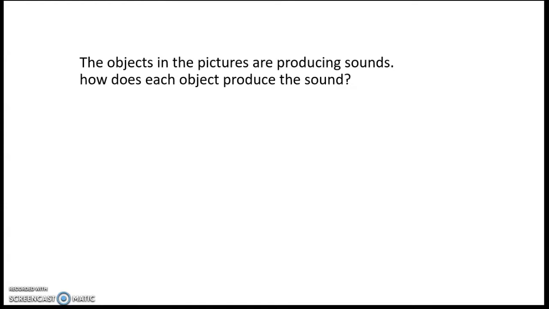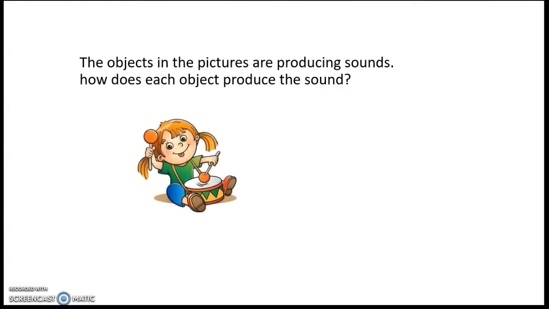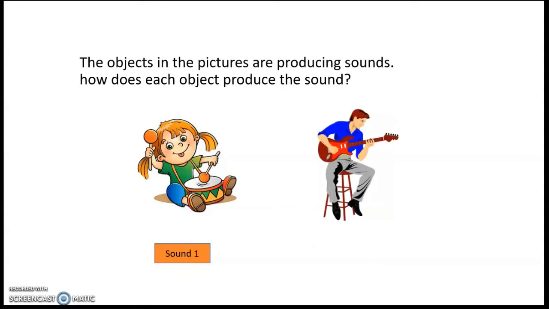Now, the objects in the pictures are producing sounds. How does each object produce the sound? First picture is sound 1. Second picture is sound 2.